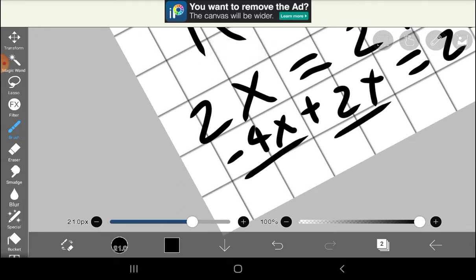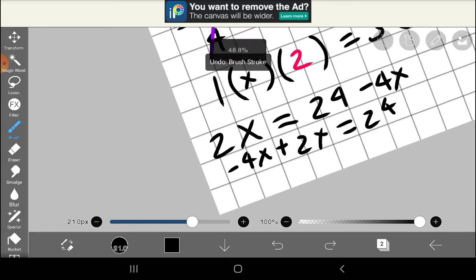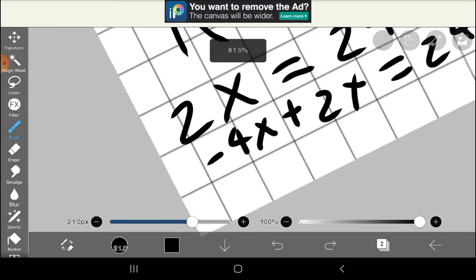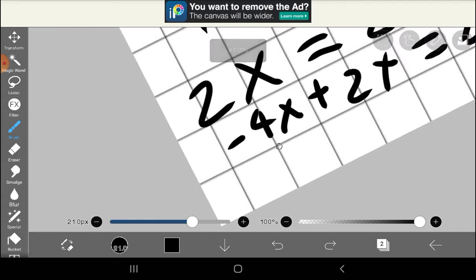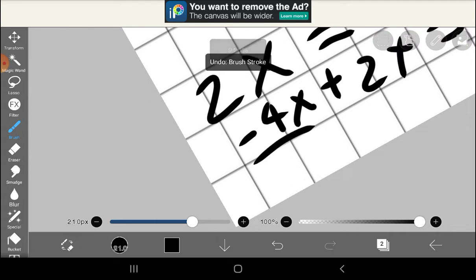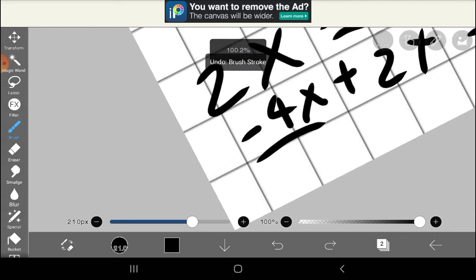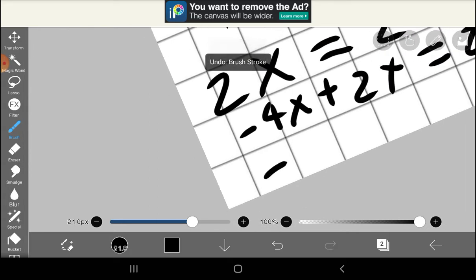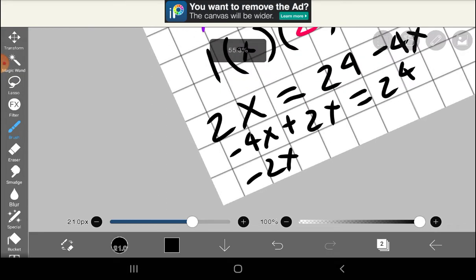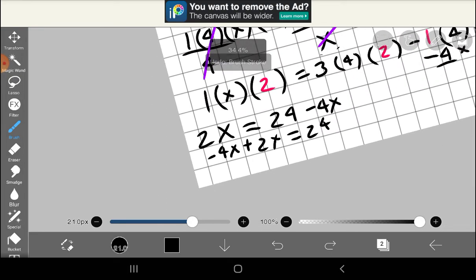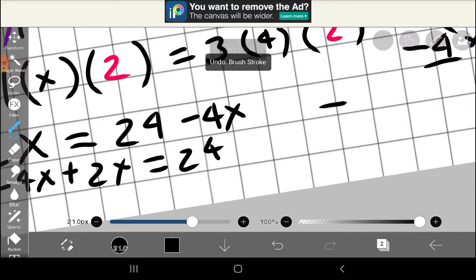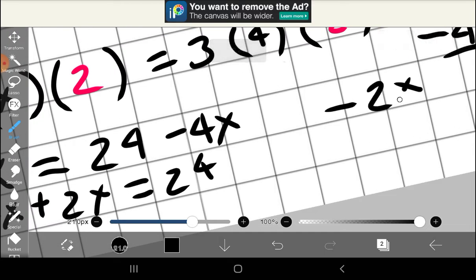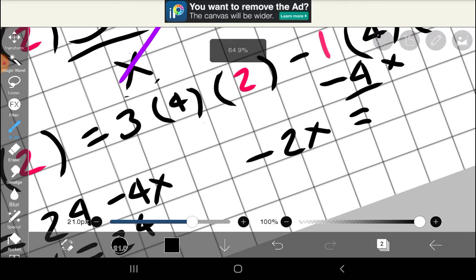Because 4x and 2x are similar terms, they will be combined. So negative 4 combined with positive 2 will be negative 2x. Negative 2x equal to 24.